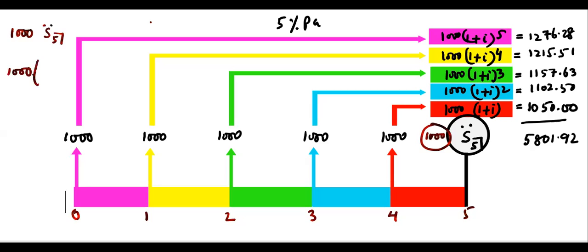And the formula for this is 1000 times (1 minus (1 plus i) to the power n) divided by d. n is 5 here.